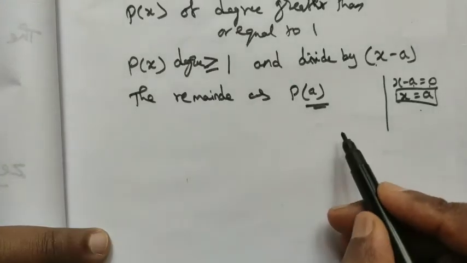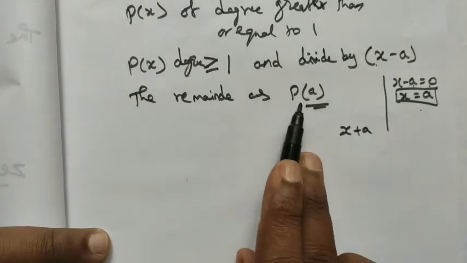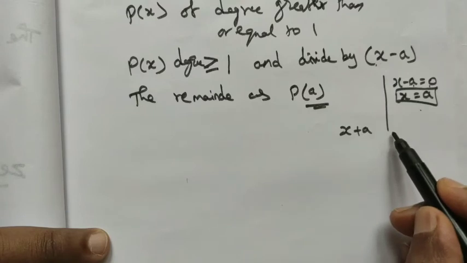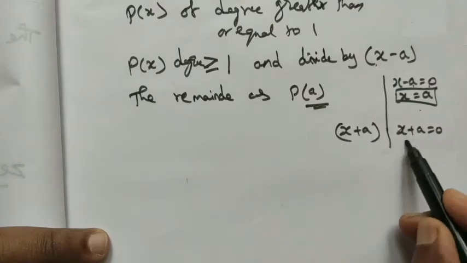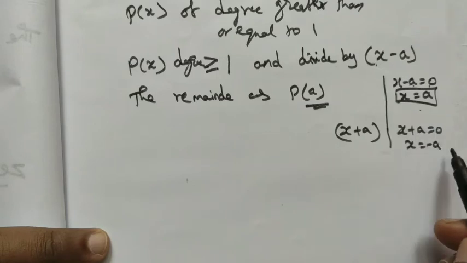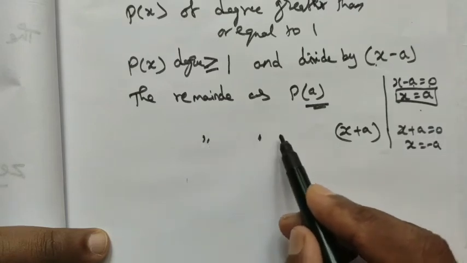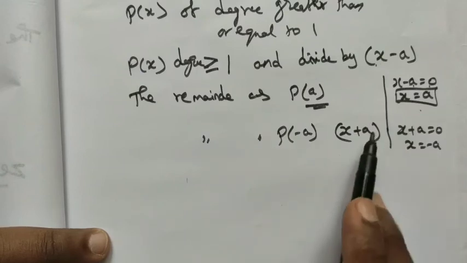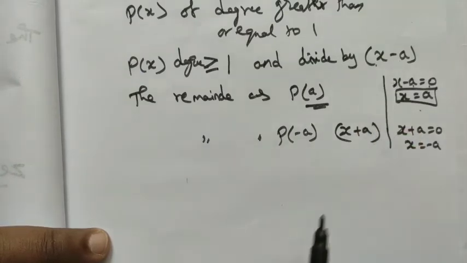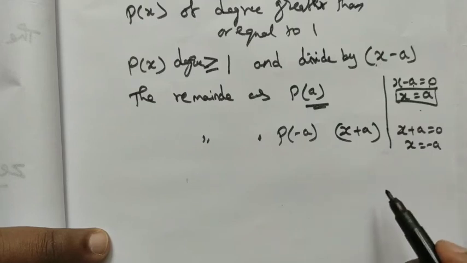As well, if I have x plus a, then how do you find the remainder? X plus a is equal to 0, x is equal to minus a, then the remainder is p of minus a.